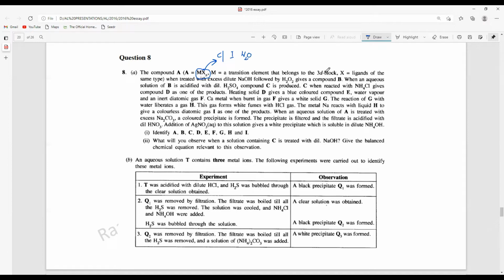Okay. And then we have some information that A was treated with this compound.